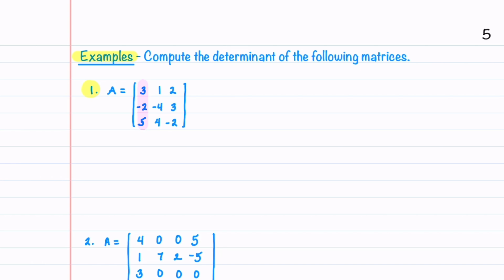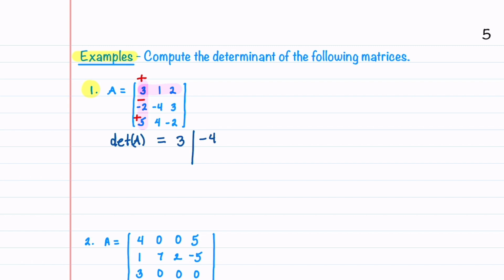Before we begin the calculation, I'm going to do the plus minus. Starting in the upper left hand, I put a plus, and then a minus, and then a plus. Our determinant of A is then plus 3 times the matrix that remains when we cross out the row and column common to 3.